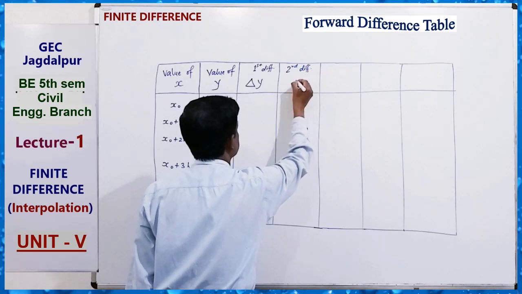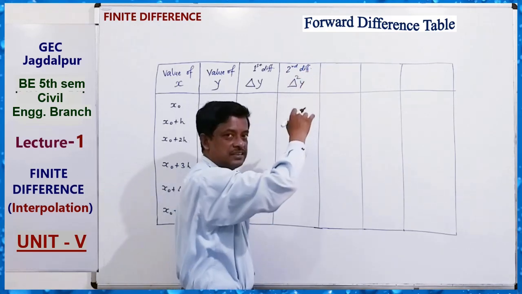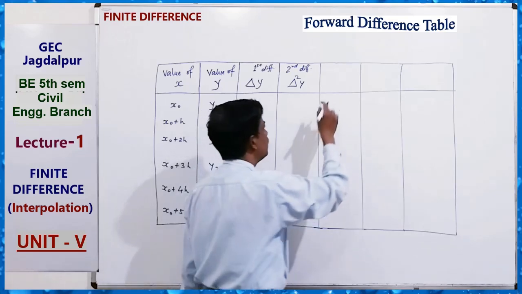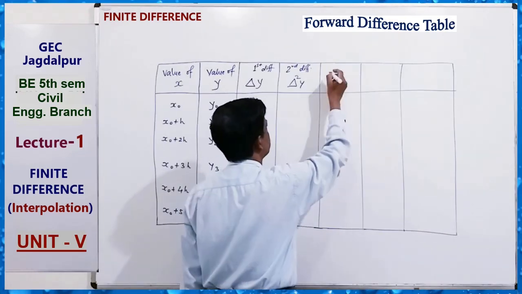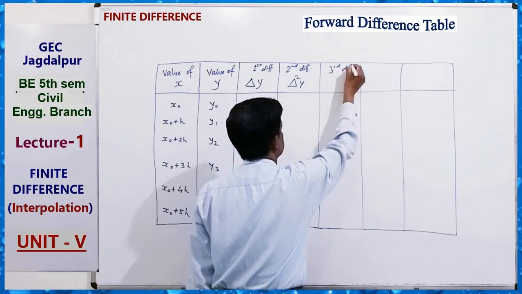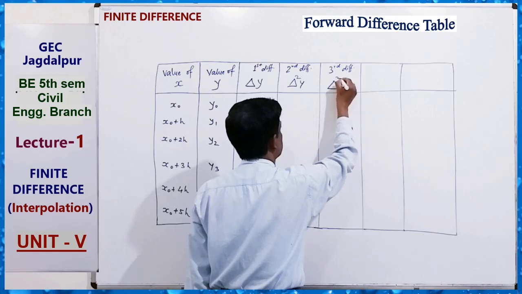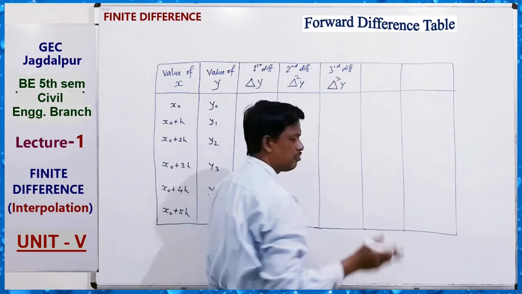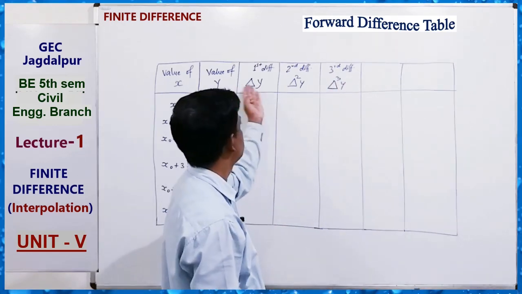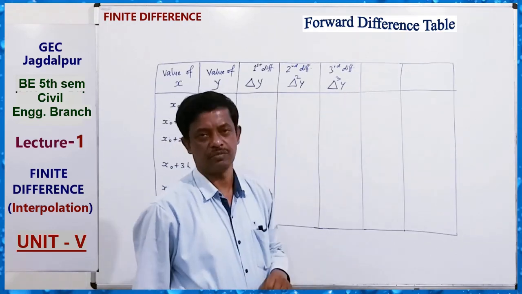Here also the second difference. Second difference means del 2 y, with indices and suffixes. Third difference, del 3 y. For forward, and for backward you write the backward operator, and for central difference you write the central difference operator.